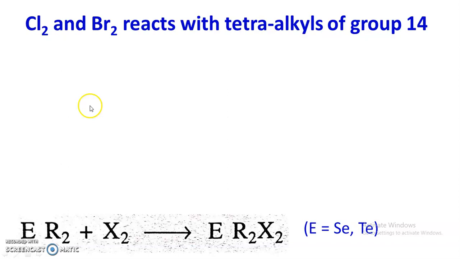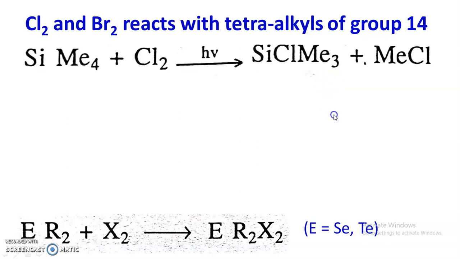Now, chlorine and bromine react with tetraalkyls of group 14. For example, tetramethyl silicon, when treated with chlorine, one of the bonds between silicon and methyl group breaks, and the methyl group joins with chlorine, and there is a formation of methyl chloride. The methyl group is replaced by halogen.